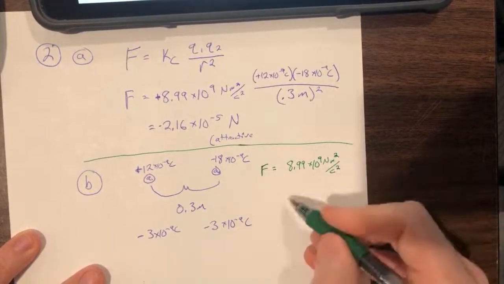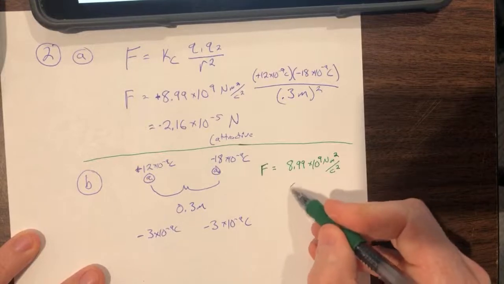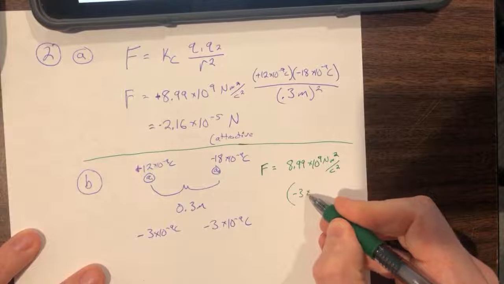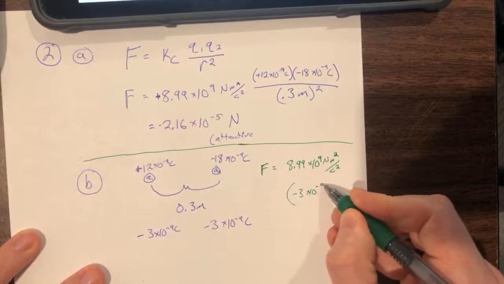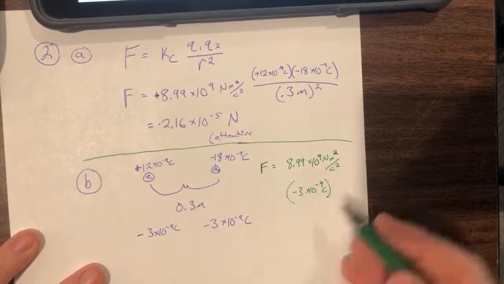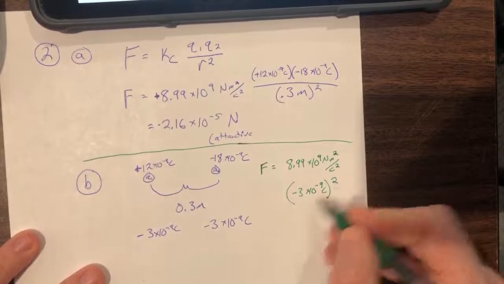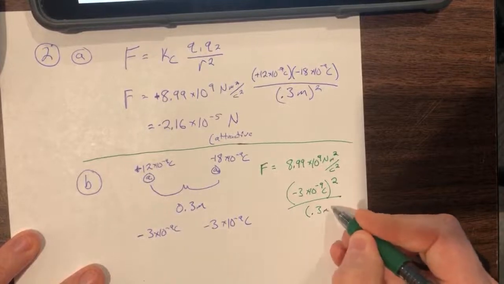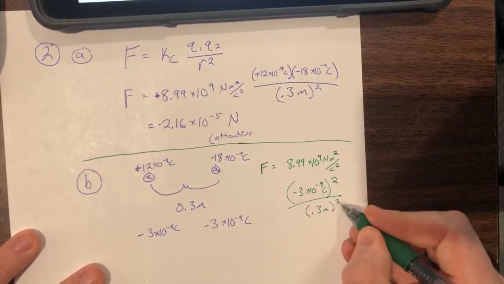And then we're going to multiply that by the charges, which is negative 3 times 10 to the minus 9 coulombs. And the other one has exactly the same charge, so it's just going to be this squared, all divided by, once again, 0.3 meters squared, r squared.